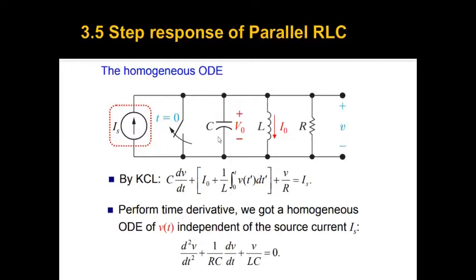So current in the capacitor should be C dV dt. And as time goes by, we perform the time derivative and we get the homogeneous ODE of v(t), which is independent of the current source. So you will have the equation of dV dt, but from the homogeneous, you can always choose, or you try to solve the equation using the inhomogeneous ODE.